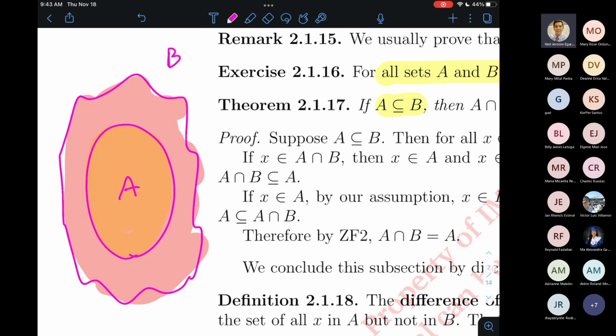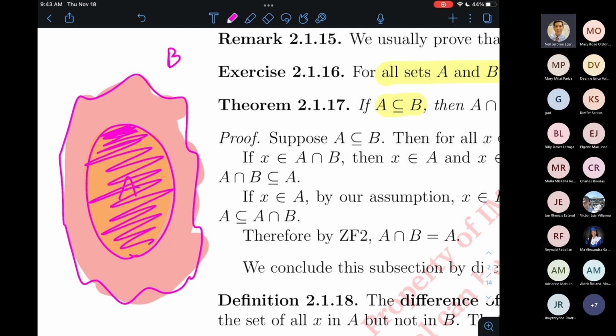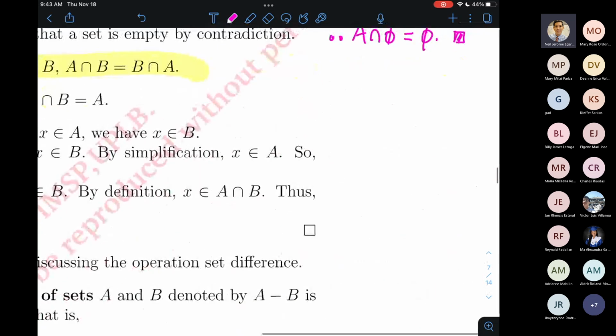So that means the intersection will simply be this guy, which is exactly A. All right? So yun yung intuition behind Theorem 17. And of course, we are doing formal mathematics here. We will not just be content with an intuitive proof or a pictorial proof. So gawin natin yung formal proof dito.